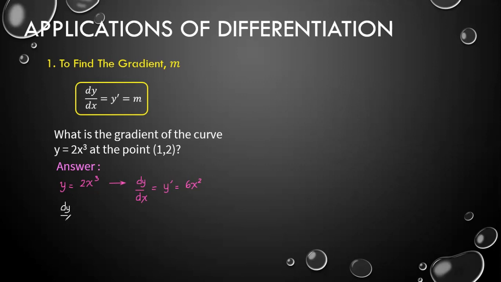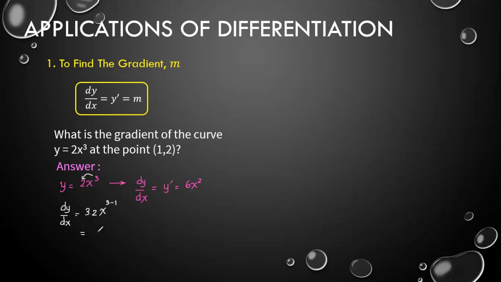For dy over dx, the first differentiation is 3 times 2, right? You multiply the coefficient, and then x, and the power is reduced by 1, so 3 minus 1.